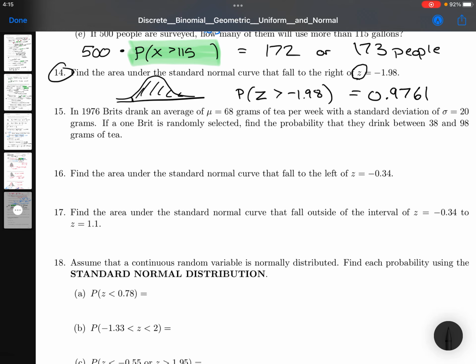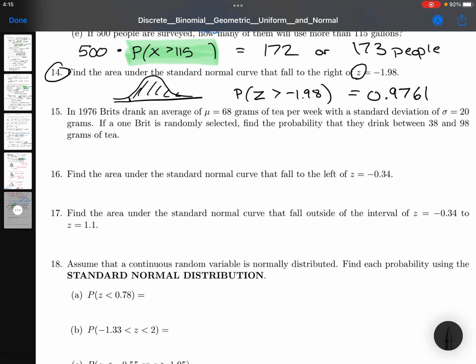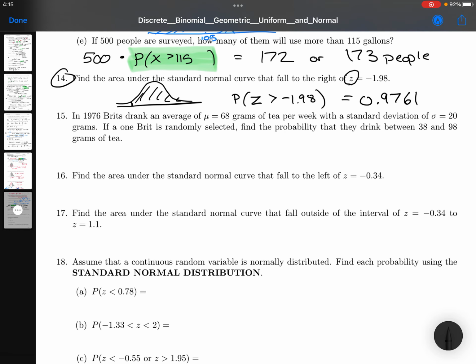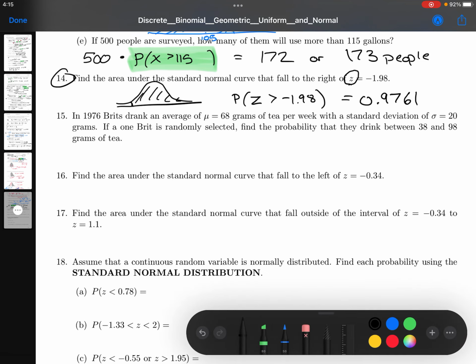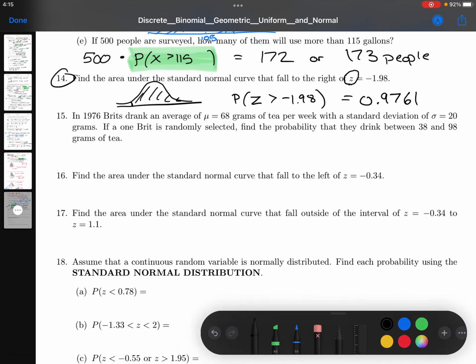That's a lot. In 1976, Brits drank an average of 64 grams of tea per week with a standard deviation of 20. So I've got a mean, I've got a standard deviation, right? Find the probability that they drink between 38 and 98 grams of tea. Now, one thing's missing. We don't know that this is a normal distribution.